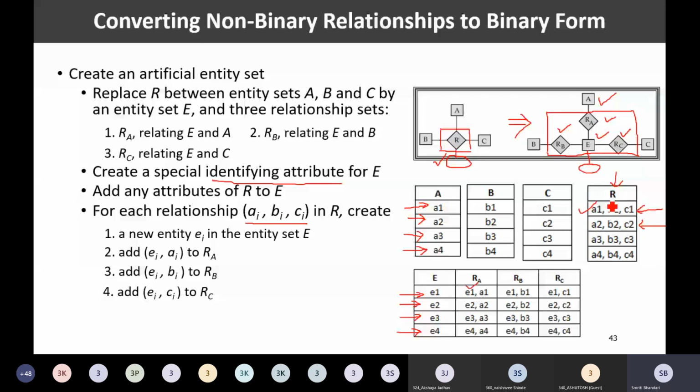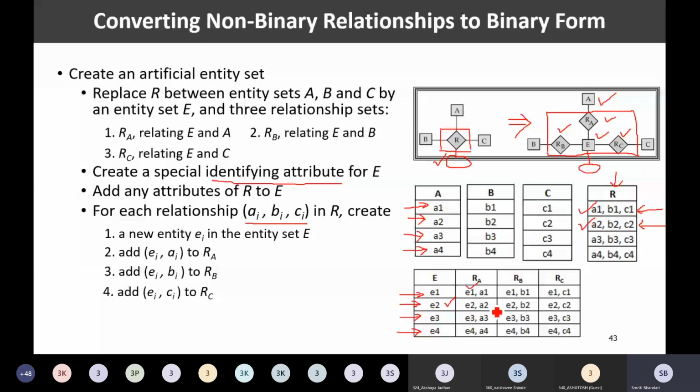Similarly, if I am having now this relationship A2 that comprises of entities A2, B2 and C2, how is this going to be stored in this design? I'll be creating new entity E2 in E. And in RA, what I'm going to store?